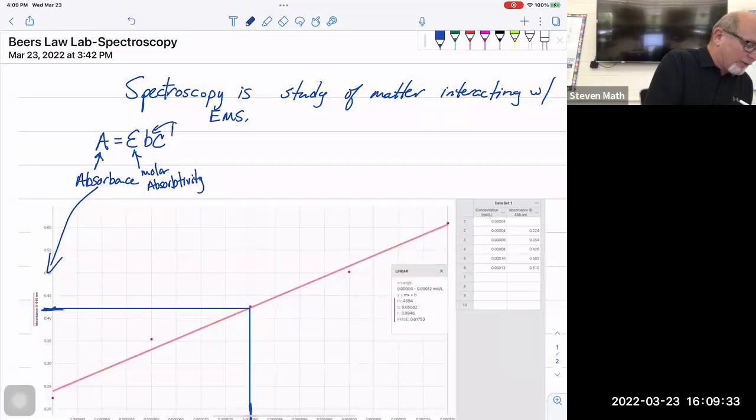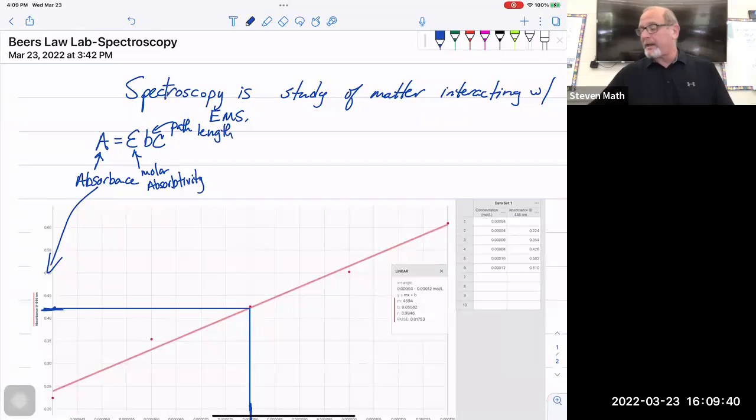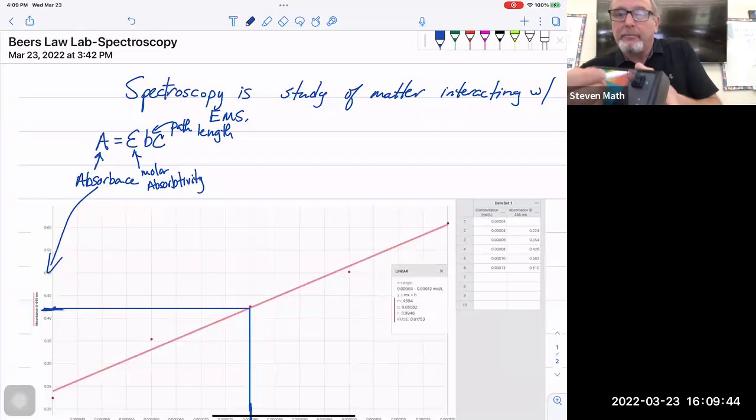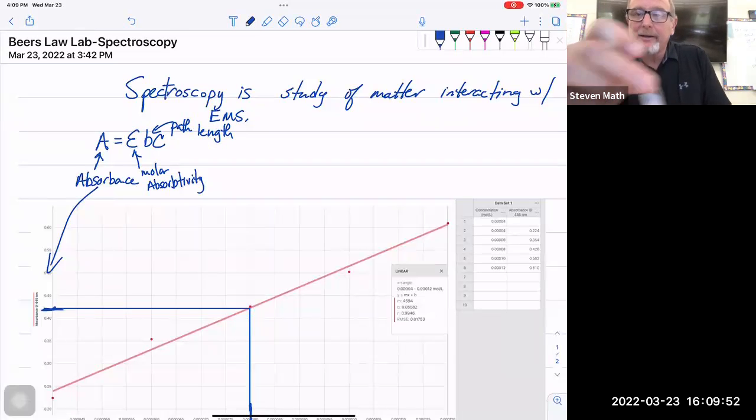B is the pathway length, just called the path length. B is basically the distance from the start of my cuvette to the end of my cuvette. That's what this little square plastic test tube is.